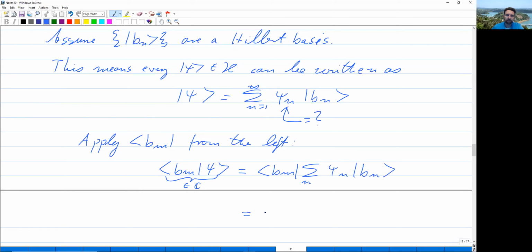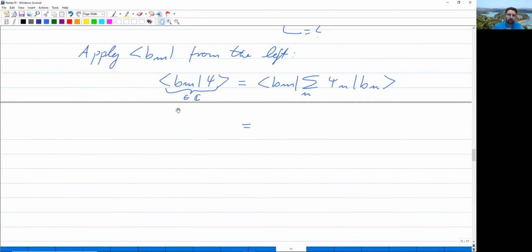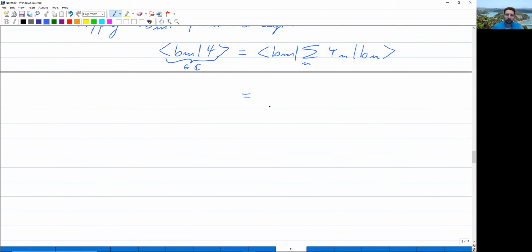We can write this a bit more nicely, like this already. Sum over n, and then it's the bm psi n bn. But since this is an element of C, by linearity, we can pull this thing out.